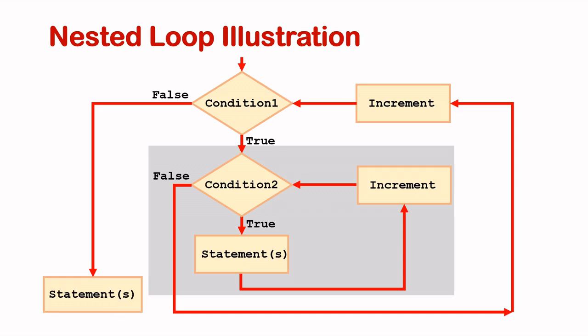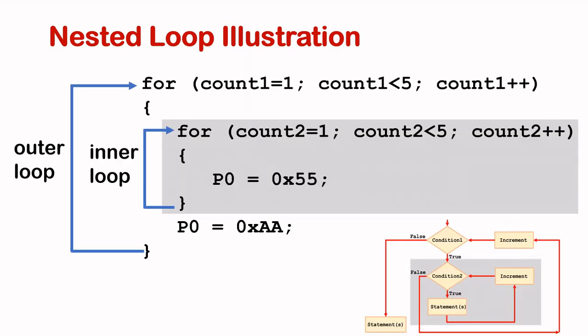All right, so let's find an application for this. Here's the code. It's a C code to illustrate the nested loop. So I have a for construct here, and I have a variable called count1 equals 1, and the condition is if count1 less than 5, we repeat this part here.